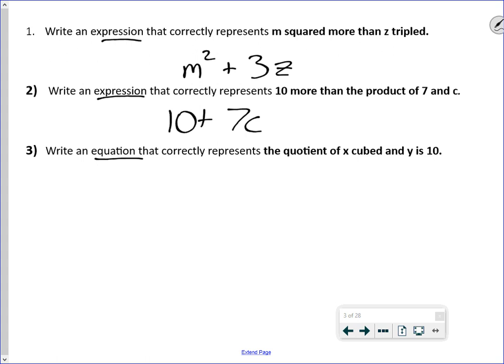So the quotient of x cubed and y, because remember quotient means division, is 10.